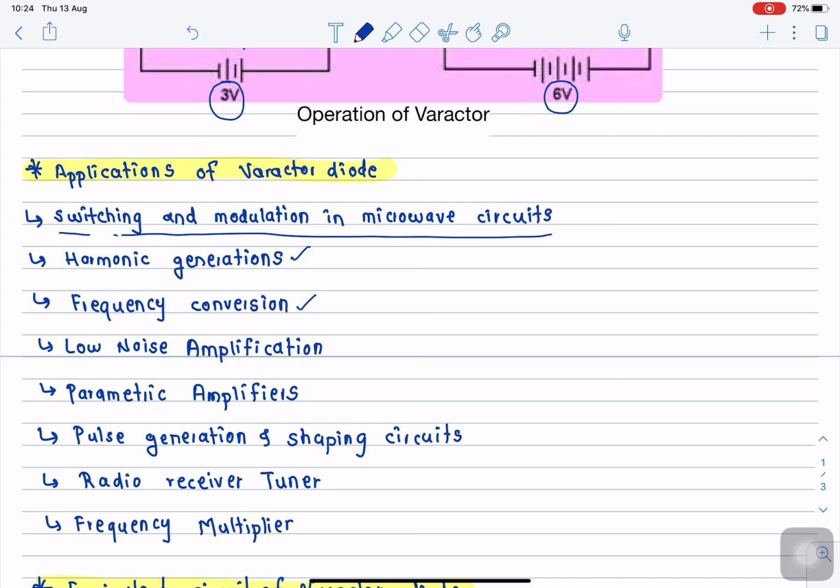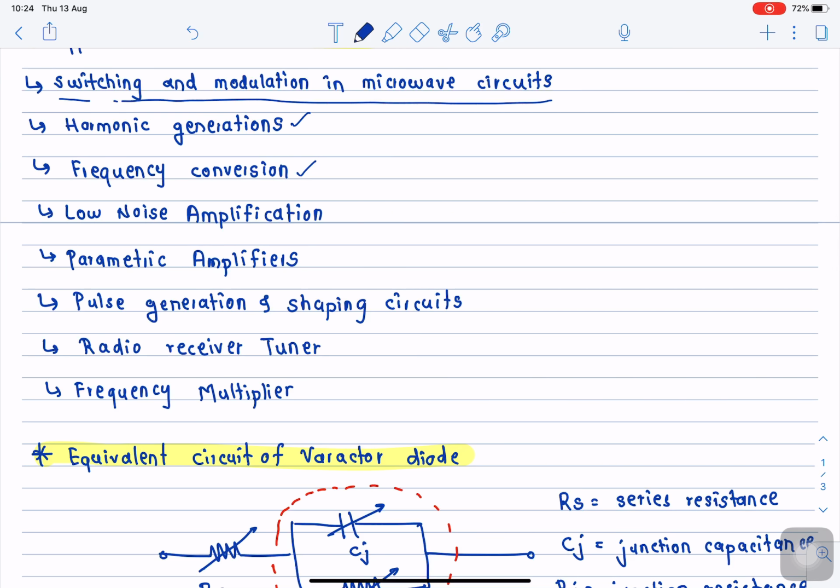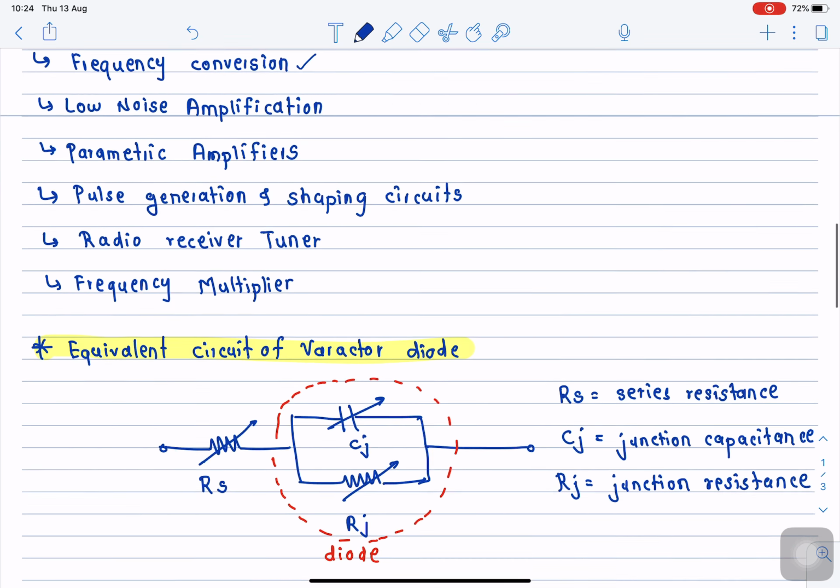A very popular application which makes use of the Varactor diode is the parametric amplifier, and we'll see these parametric amplifiers in detail. They are also used in pulse generation and shaping circuits, right? And they are used in radio tuners and frequency multipliers also.